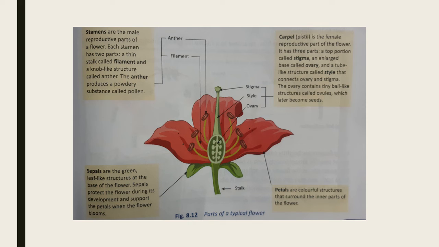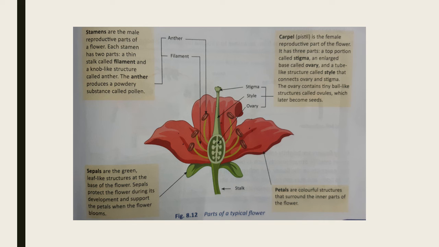Stamen has two parts: one is the filament, the thin stalk, and the other is the anther, the knob-like structure. The anther produces a powdery substance called pollen grains.